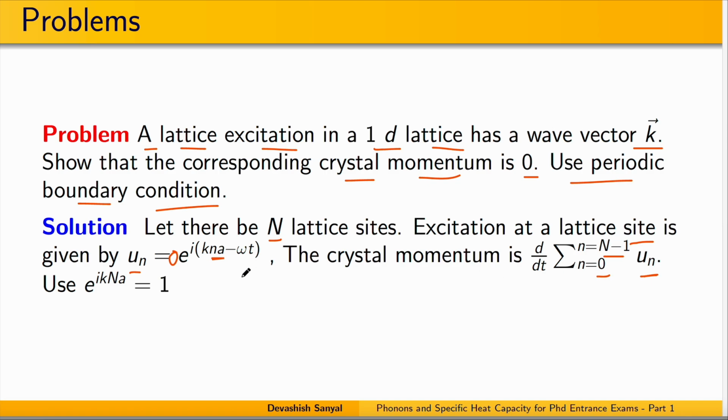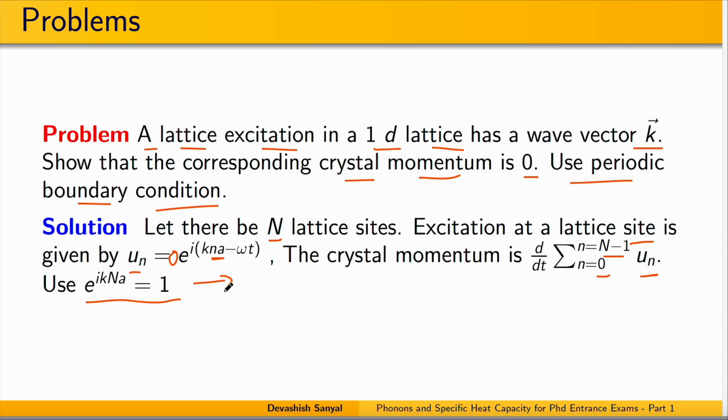So you have to take a derivative, and it's very easy to see that if you do this derivative and take the sum over n, you will get 0 when you use the periodic boundary condition.